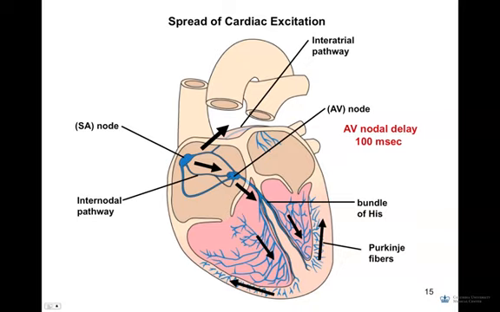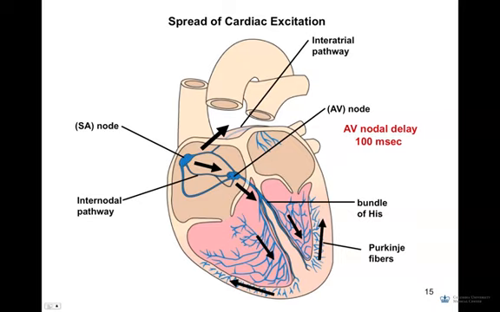Once the SA node fires an action potential, the AV node is also going to fire one, but it's not instantaneous. The AV node fires about 100 milliseconds after the SA node. This is called the AV nodal delay.